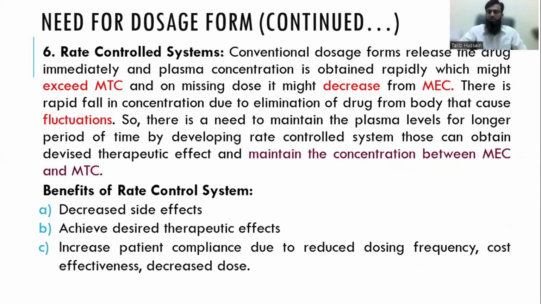There was a major drawback when we developed a delivery system or a dosage form which immediately releases all the drug substance. If a drug is immediately releasing, then the drug will depend upon its elimination from the body, or elimination half-life.